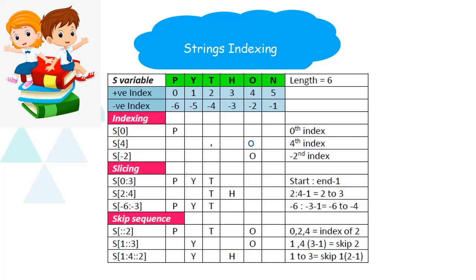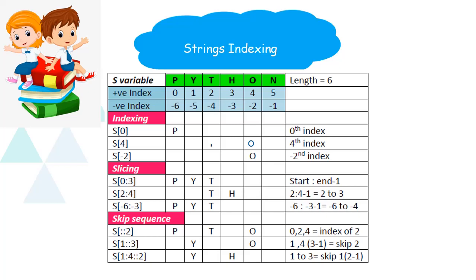Start slicing from index 0 up to 3 minus 1, meaning till index 2: p, y, t. Similarly, in negative indexing, we can start slicing from -6 up to -3, meaning -3 minus 1, -4. So it will be from -6 to -4.